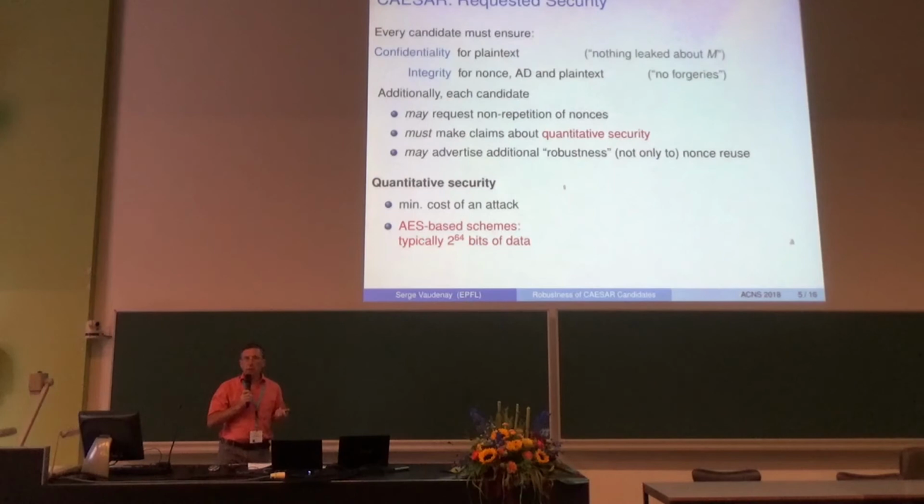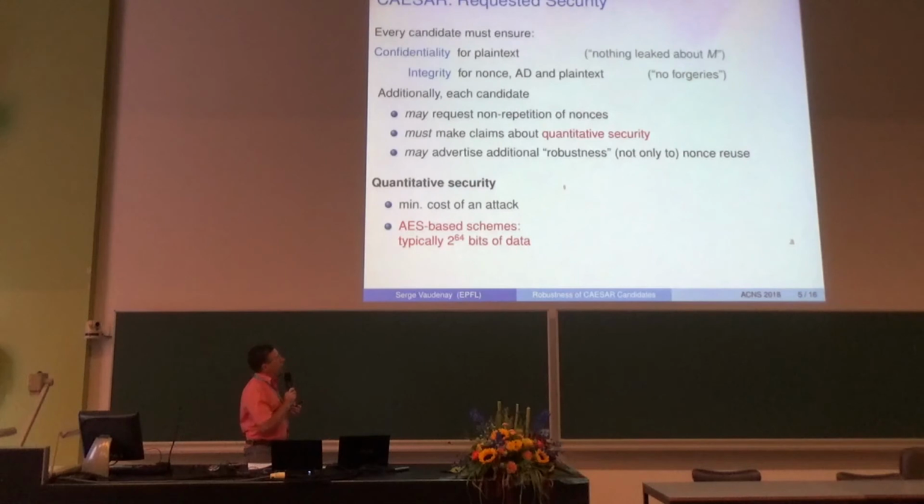If we have some AES-based primitives, we have typically keys of 128 bits, and in general we have to face some attacks which correspond to what we call the birthday bound, which is 2 to the 64 in that case. So for many algorithms, there are some attacks with complexity 2 to the 64 with a key of 128 bits.